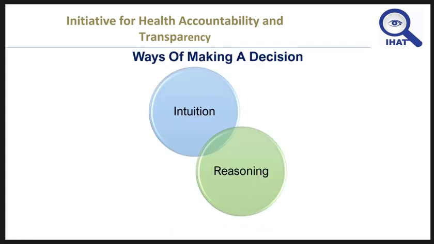There are different ways of making a decision. Decisions can be made through either an intuitive or reasoned process, or a combination of the two. Intuition is a combination of past experience and one's personal values. It reflects your personal learning about life.